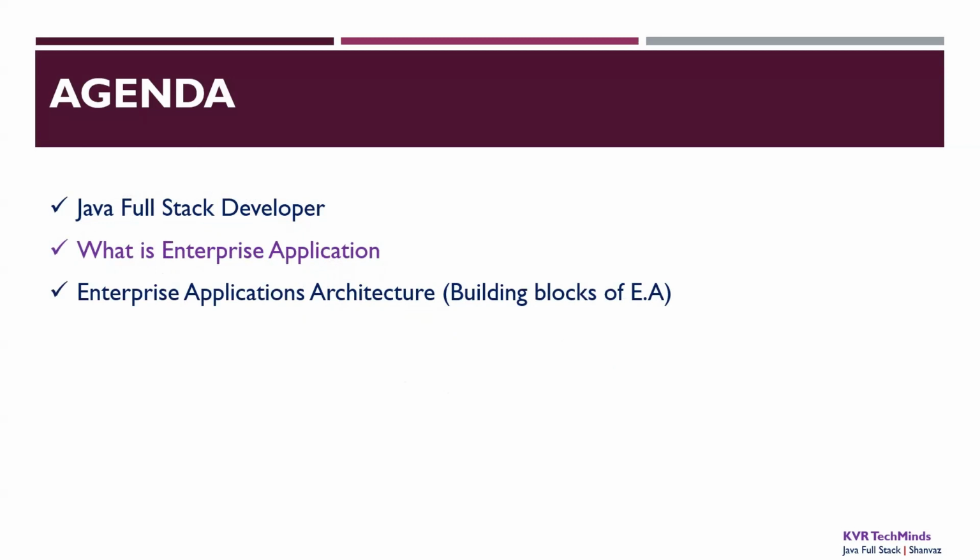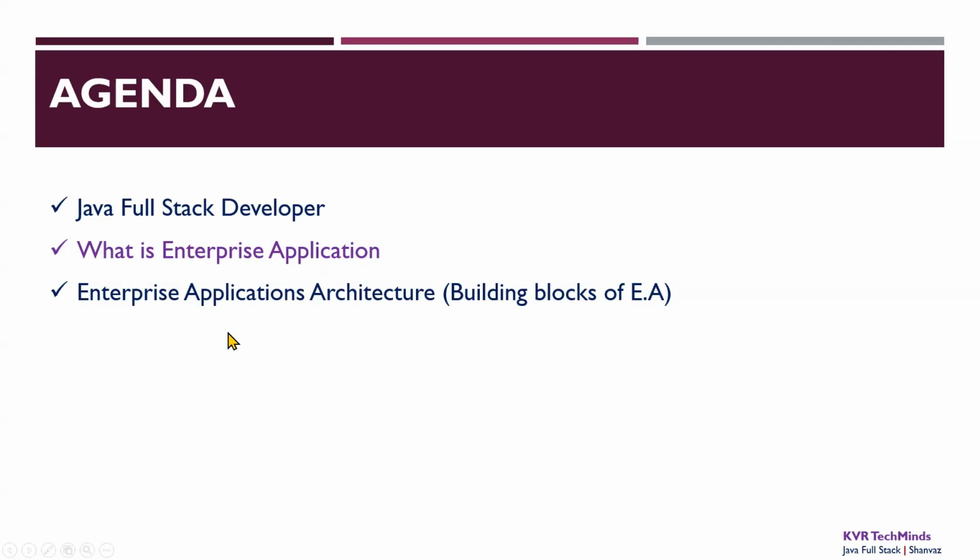Let us take for example that you are learning Spring Boot. Where is this Spring Boot used in real-time projects? To understand that, first of all you need to understand what an enterprise application is and what its architecture is. I will explain that later.